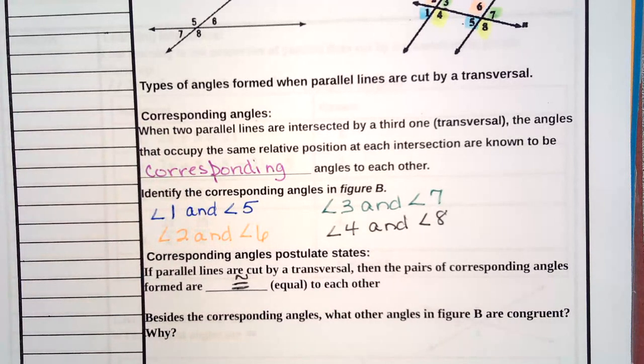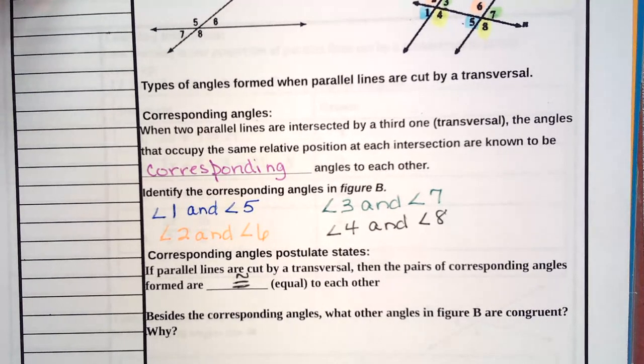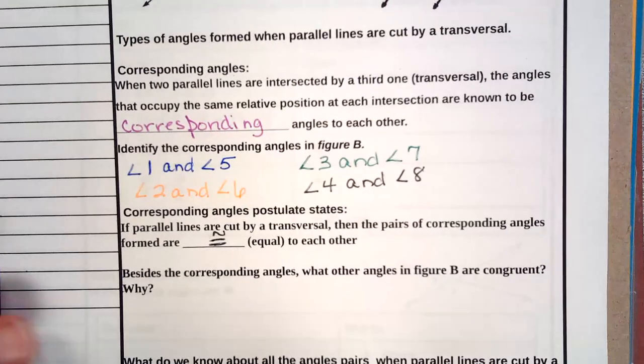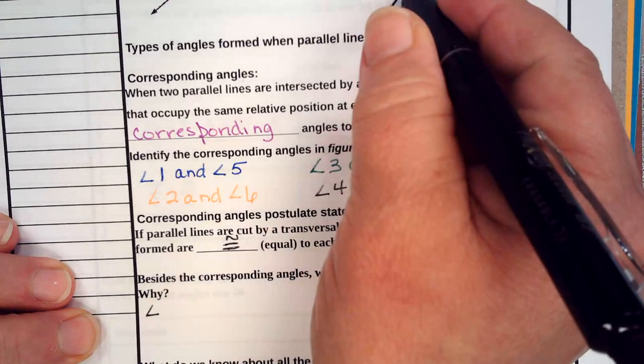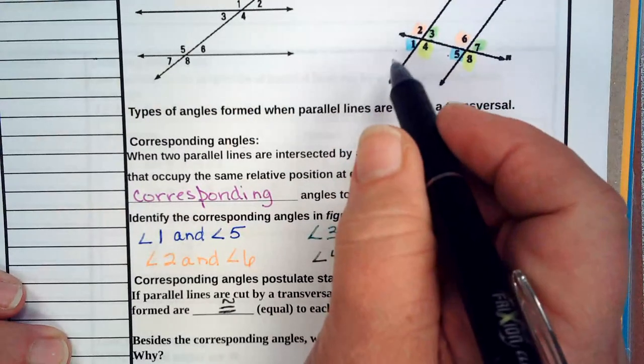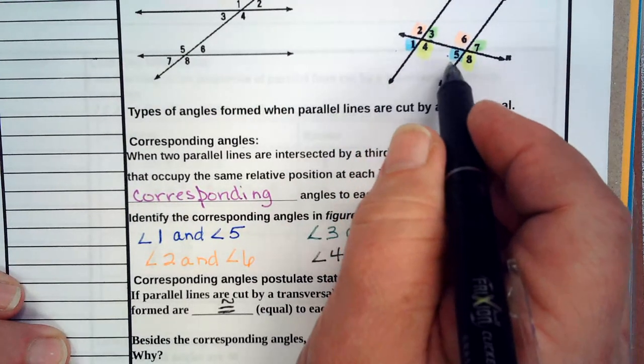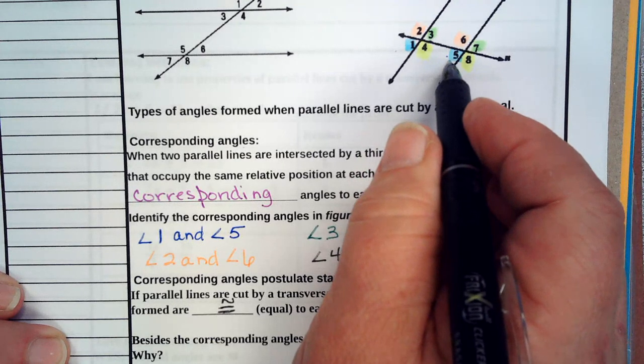Besides corresponding angles, what other angles in figure B will be congruent? Okay, if I'm looking at angle 1, I know it's congruent to 5 because they're corresponding.